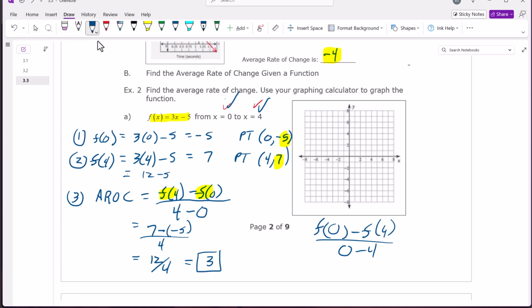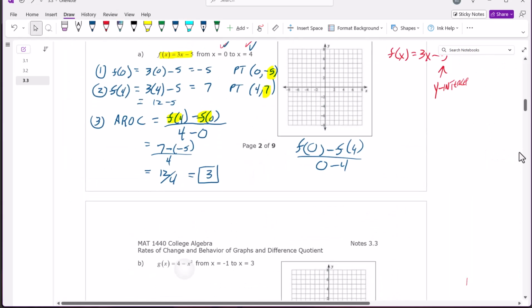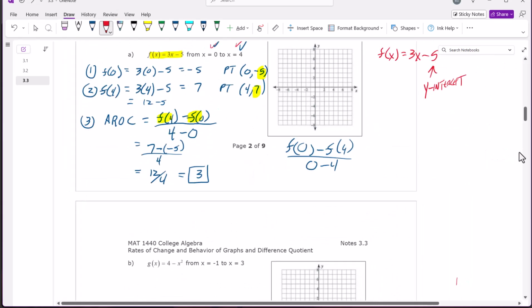Okay. So if you were to interpret what this graph looks like, you have the function f of x equals 3x minus 5. From your background, hopefully you remember mx plus b is the standard form of a line. So you have a y-intercept of -5. That just means we would go down and put the point (0, -5) on there.